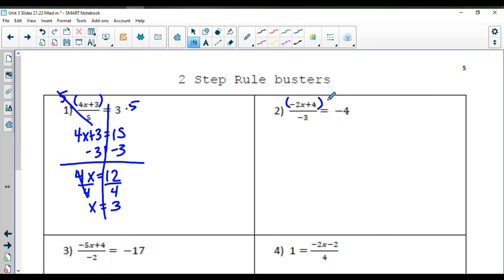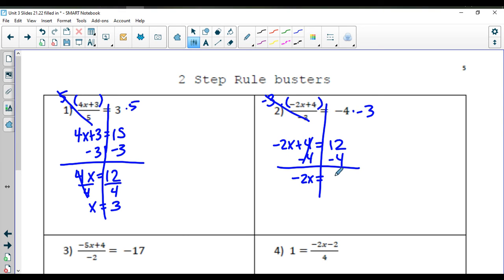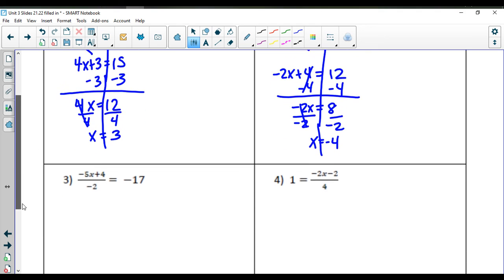Rule busters. The junk times a negative 3, so they cancel, times a negative 3. So negative 2x plus 4 equals 12. Subtract the 4. So we get negative 2x equals 8. Divide by negative 2. X equals negative 4 for my final answer.